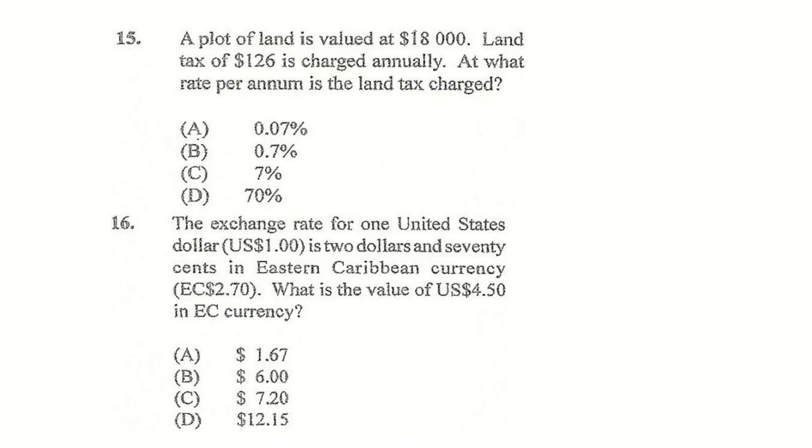It is 126 of 18,000. So your tax is going to be 126 over 18,000 multiplied by 100 over 1. Cross this off, cross this off. Yeah, we can say 126 divided by 180.